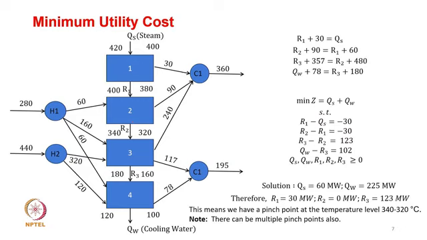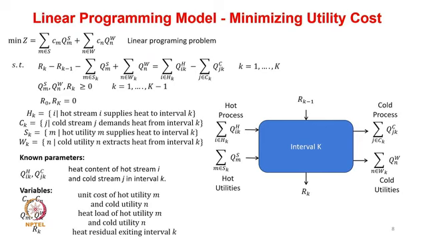We just pick one of the intervals, and we can see that there are multiple streams coming in and multiple streams going out. Let's understand all of this. The residual Rk minus 1 is the residual that is coming from the previous interval, and Rk is the residual that is going out.